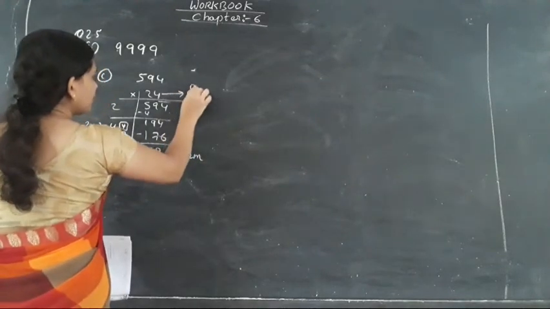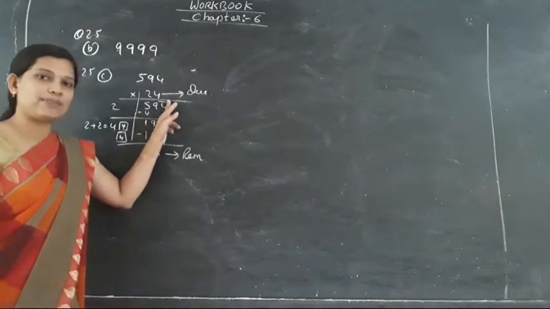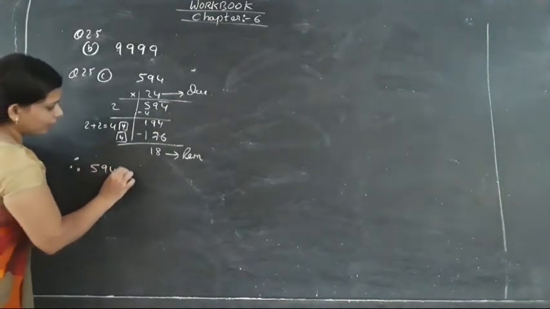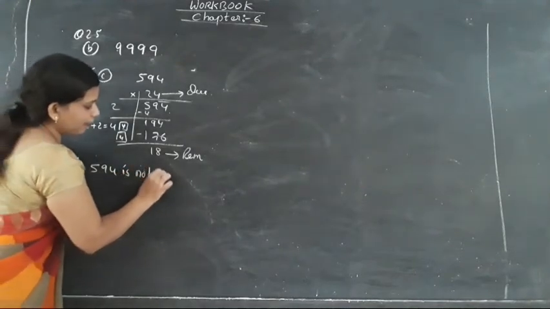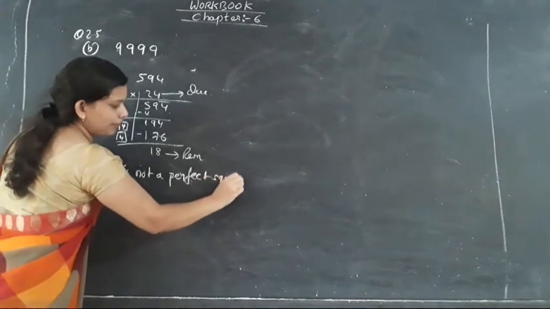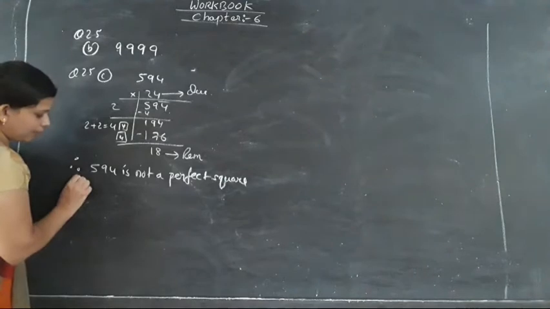This is the question, isn't it? 18 remainder आया, 24 क्वेश्चन आया, मतलब ये therefore 594 is not a perfect square. We have to make it a perfect square.